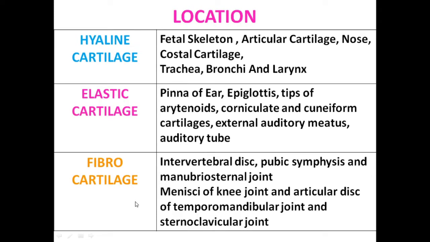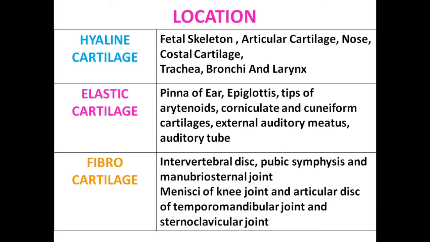Location. Hyaline cartilage, as we know, is present in the fetal skeleton, articular cartilage which is present at the ends of the bones, the nose, costal cartilage, trachea, bronchi and the larynx. These are the sites where the hyaline cartilage is present. Elastic cartilage is present in the pinna of the ear, epiglottis, arytenoid and the cuneiforms, then the external auditory meatus and the auditory tube.